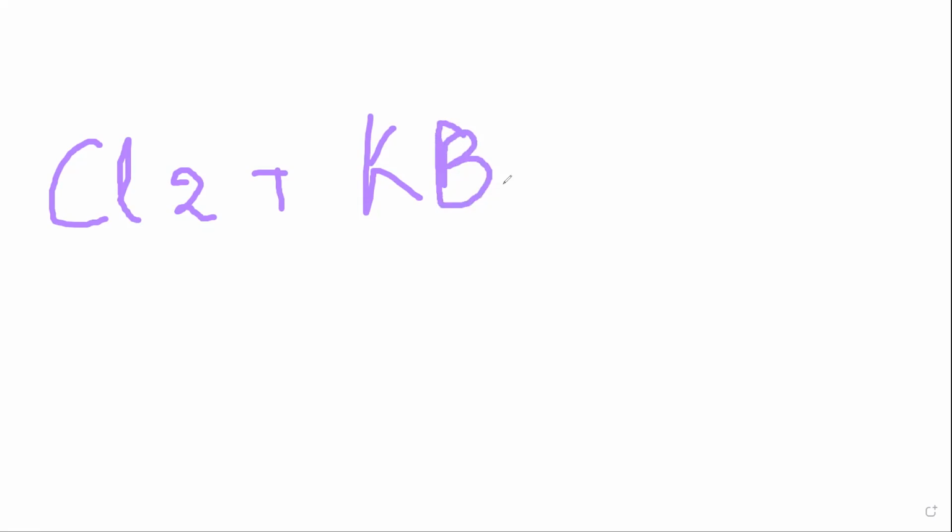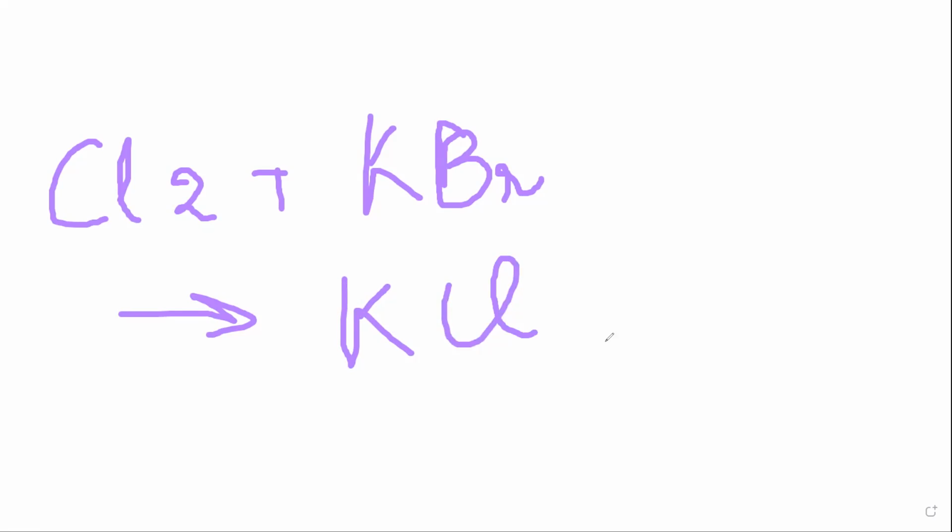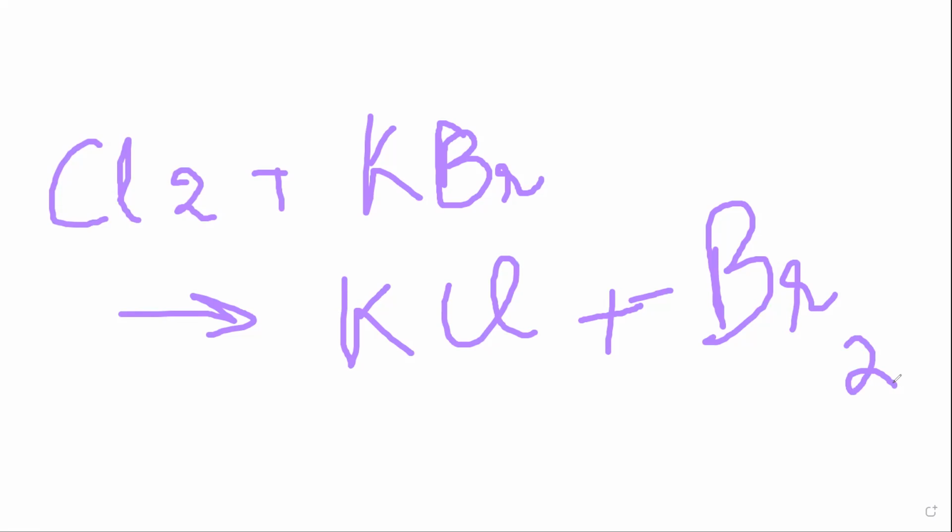The formula for potassium bromide is KBr. As a product, potassium chloride is formed, and we get bromine as another product. Basically, what is happening here is that chlorine replaces the bromine to form potassium chloride.